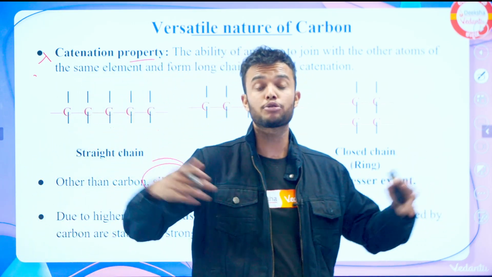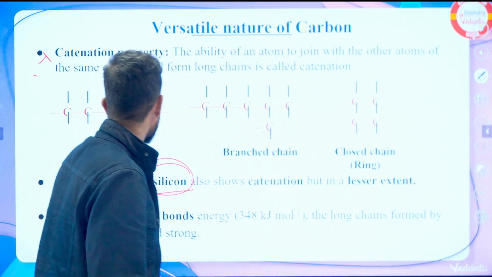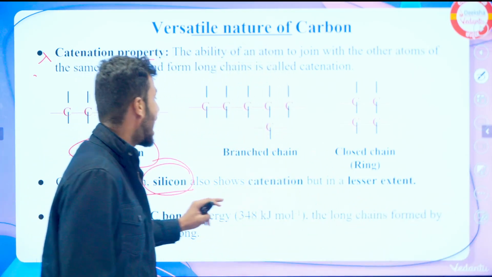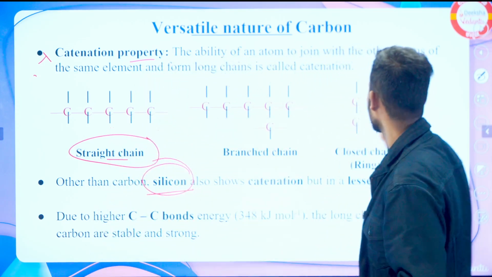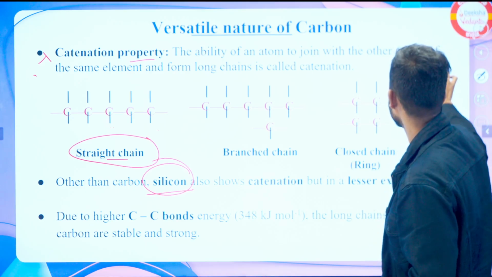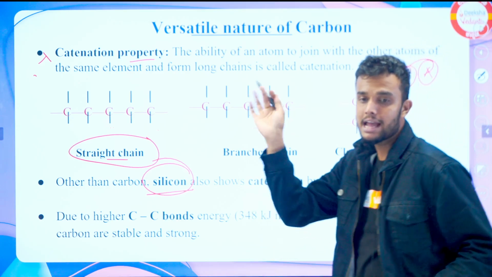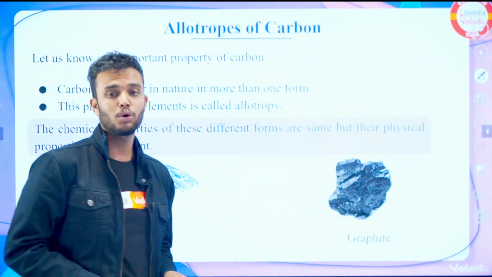In carbon we have many chains: straight chain, branched chain, and closed chain or ring. We will discuss these chains at the end of the session, and they are very important in higher studies. This is about versatile nature.